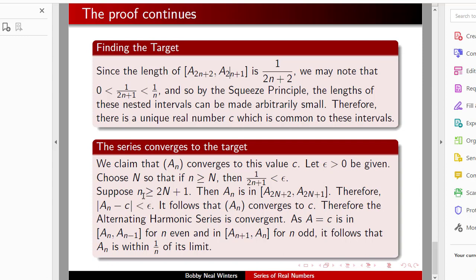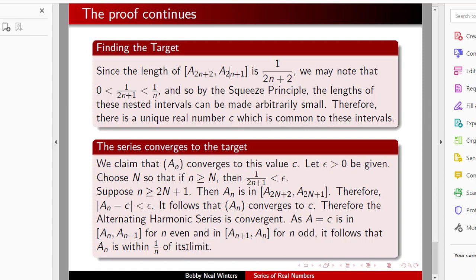And suppose that little n is bigger than 2N plus 1. Then A_n is in the interval from A_{2N+2} to A_{2N+1}. Therefore, the absolute value of A_n minus c is less than epsilon. It follows that A_n, our sequence of partial sums, converges to c, and so the alternating harmonic series is convergent.